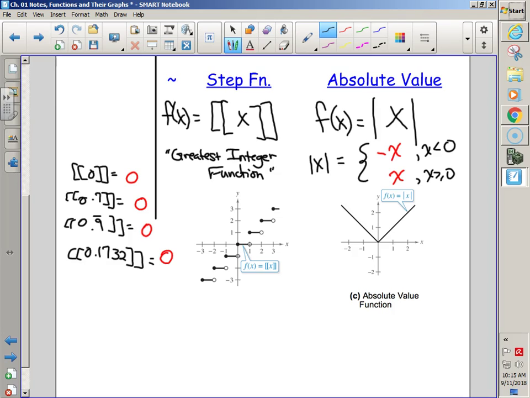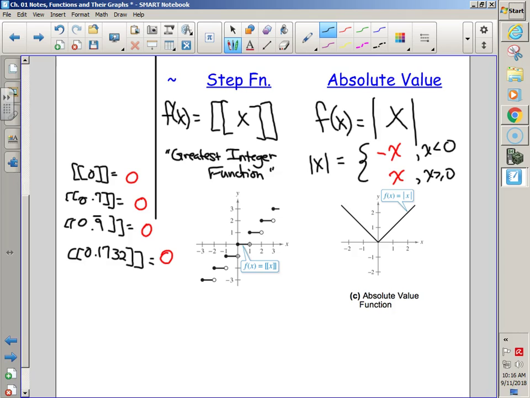Oh, okay. So question, without even having it on the graph, because the graph doesn't go far enough, what do you think would be the greatest integer of, or the step function of 5.1? What would that become? 5. Good. How about 4.7? What's the greatest integer? 4, because it hasn't gotten up to 5 yet. How about, life is about to get hard.